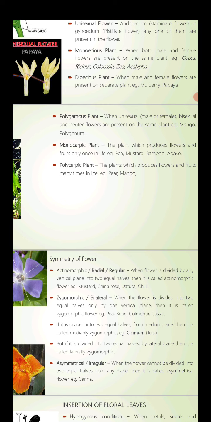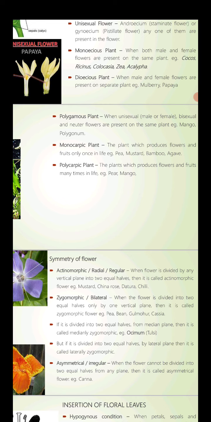Actinomorphic: when a flower is divided by any vertical plane into two equal halves, then it's called the actinomorphic flower. Examples, mustard, China rose, dhatura, etc.